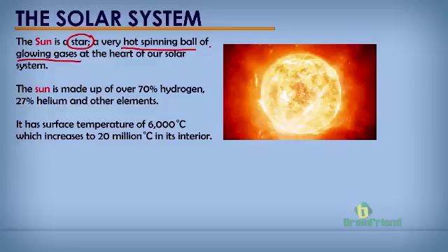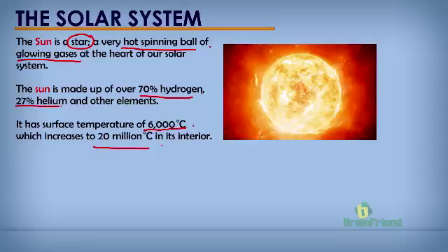The sun is made up of 70% hydrogen, 27% helium, and other elements. It has a surface temperature of 6,000 degrees centigrade. That's very hot. But within its interior, it has temperature that ranges up to 20 million degrees centigrade.